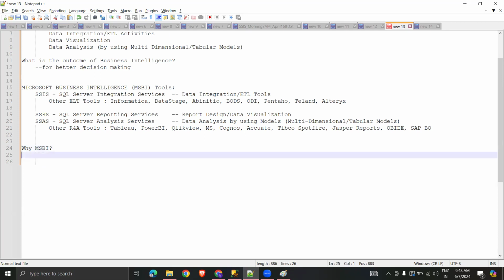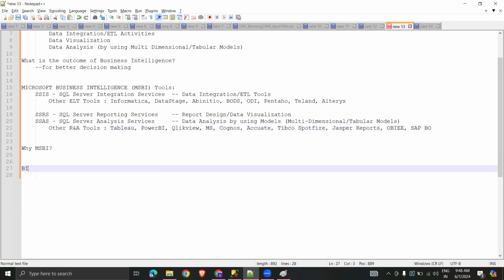You have Informatica, DataStage. These tools are specially designed for ETL, and these tools are specially designed for reporting cum analytics. But why should I set my roadmap towards the business intelligence stream? Simply, why MSBI? My answer is, sir, you have a BI project in your company.